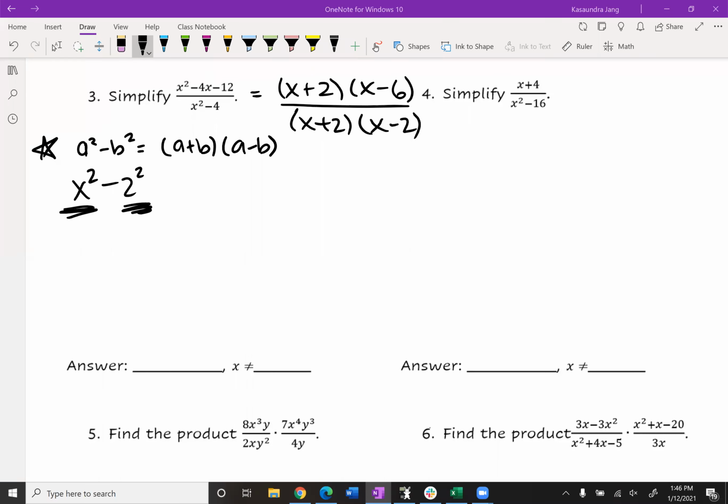All right, now I'm going to simplify by dividing out any factors. Do you see any of the same factor in the numerator and denominator? Once I get down to this x minus 6 over x minus 2, I see x's are the same. Can I get rid of the x's? Why not?